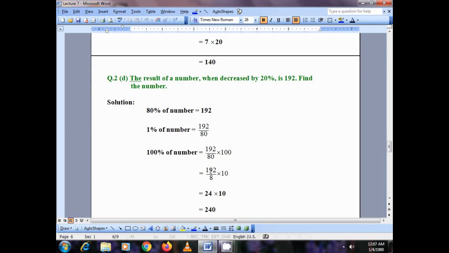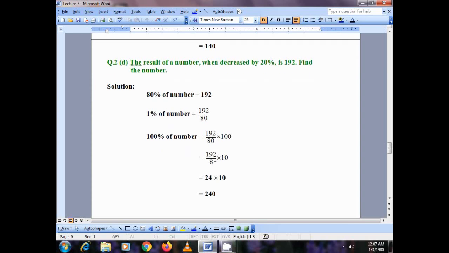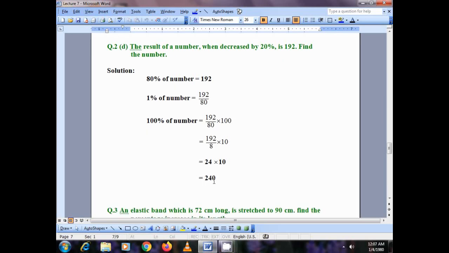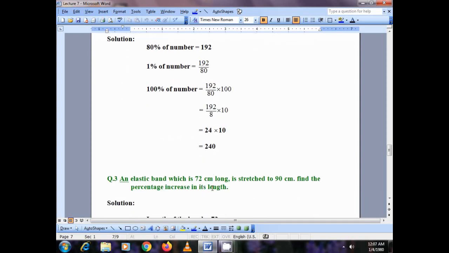The remaining quantities will be 192 divided by 8 multiplied by 10. Now 192 is a multiple of 8, which means if you divide the numerator by the denominator, the quotient will be 24. Now let's take the product of 24 and 10, which is 240, and this 240 is the required number.